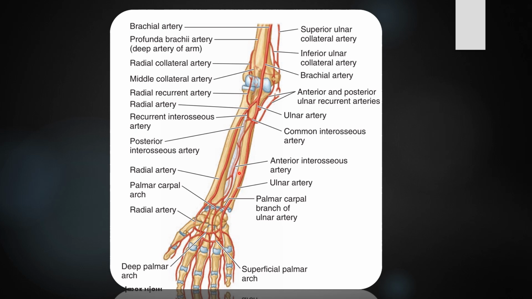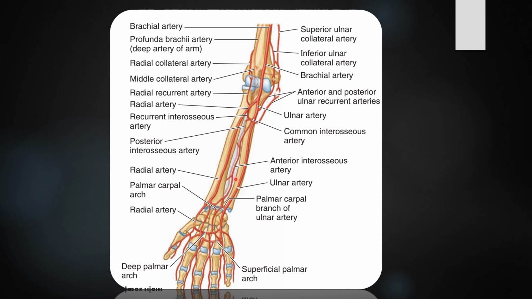So once again I will repeat, common interosseous artery divides as anterior and posterior interosseous artery. Anterior interosseous artery is giving anterior carpal arch. Before it anastomoses with posterior interosseous artery in the lower border of the interosseous membrane, it is giving anterior carpal arch that will anastomose with palmar carpal arch of radial and ulnar artery.